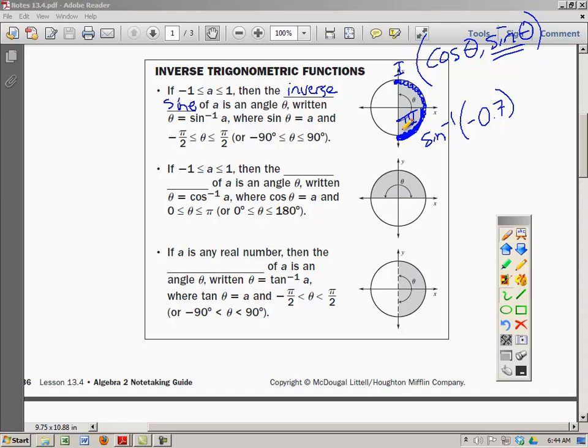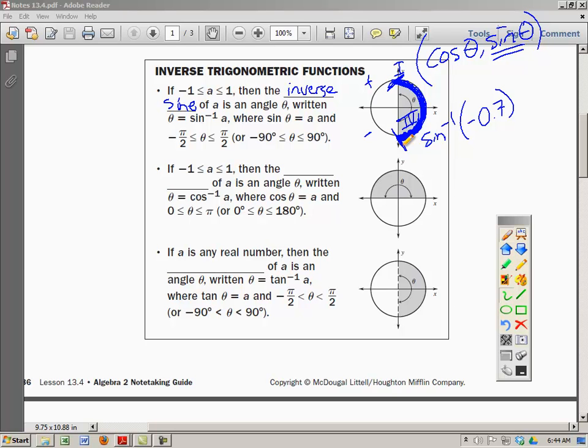All right? And again, the reason for that is because sine is positive in the first and negative in the fourth. Now I realize you can get a positive sine here and a negative sine here, but our calculator is only going to be able to give us one angle in between that range of values. All right, and then much later on during this lesson we'll talk about how we translate that to another quadrant, using our reference angles.